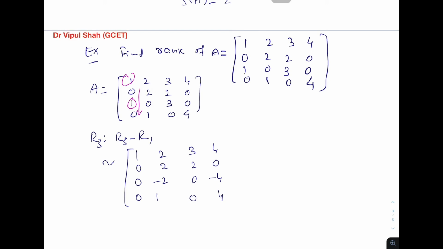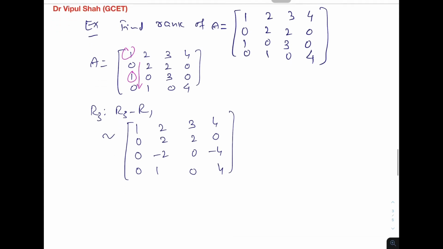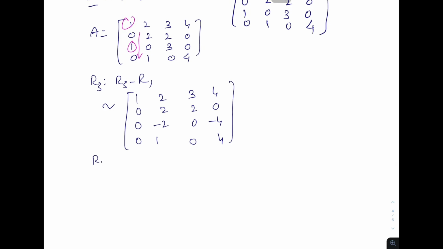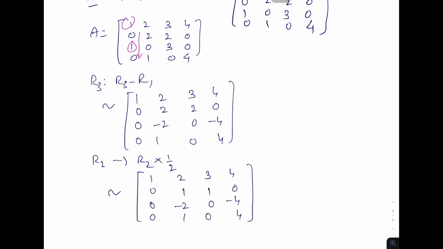Then 0, 1, 0, 4. We can divide R2 by 2. So R2 into 1 by 2. So we have 1, 2, 3, 4, 0, 1, 1, 0, 0, minus 2, 0, minus 4, 0, 1, 0, 4.